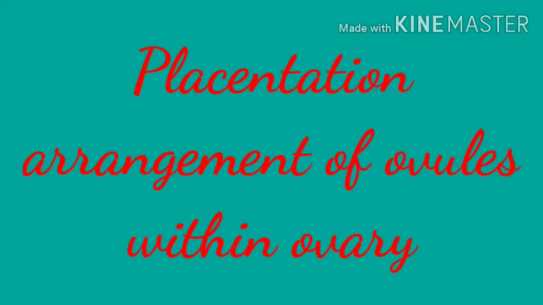So if we are going to define placentation, then it is the arrangement of ovules within the ovary. Now there can be different types of arrangement. The ovules can be arranged differently in different ovaries, and depending on that there are different types of placentation.